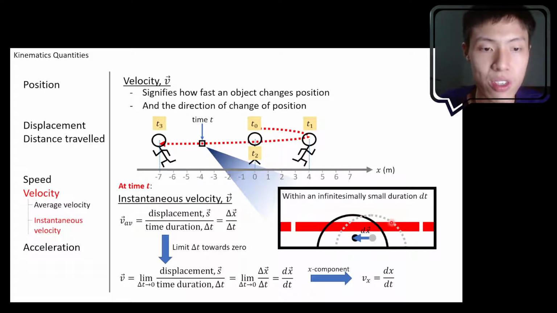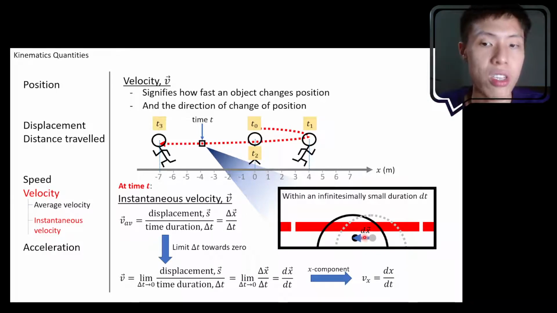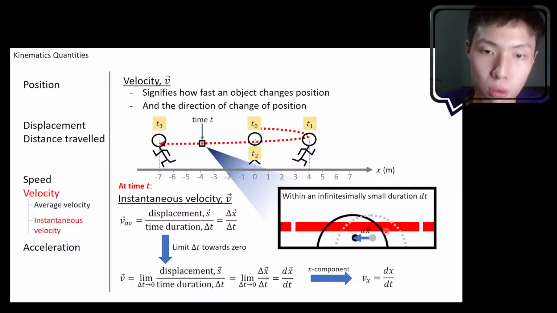You move straight from the initial position to the final position, and therefore the direction of instantaneous velocity will be the same as the direction of this little arrow. Because you cannot move a complicated path, you should expect the direction of instantaneous velocity to be exactly the same as the path of motion.